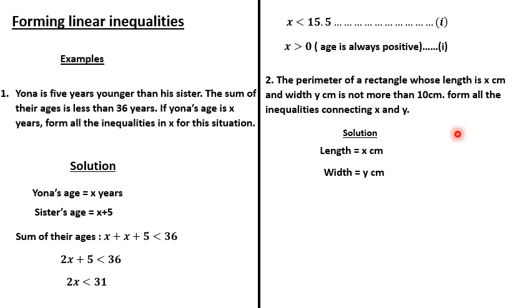So the perimeter is either 10 or it is less than 10. Then another important thing that we need to note, just like age, is that dimensions or the length of a given solid or figure cannot be negative. It should be greater than 0, and therefore we can also form two obvious inequalities involving x and y.